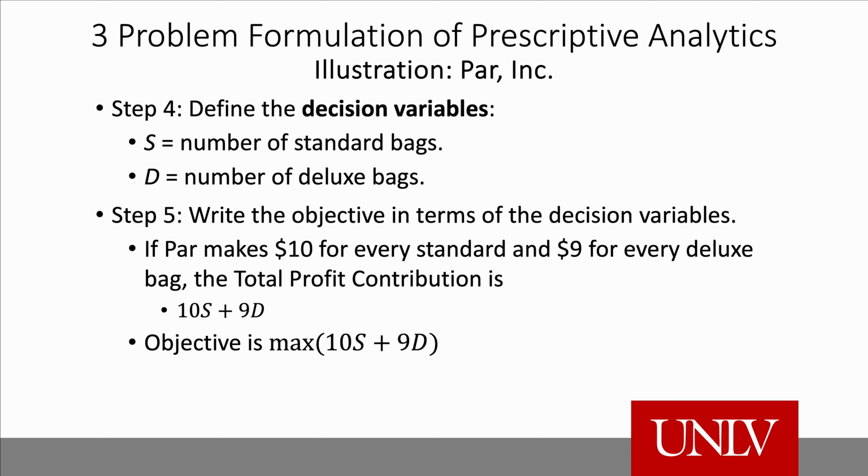Also, if Par makes $9 for every deluxe bag, the company will make $9 multiplied by D if D deluxe bags are produced. So we have total profit contribution equal to 10S plus 9D. And the objective will be to maximize this 10S plus 9D. So this is called the objective function.